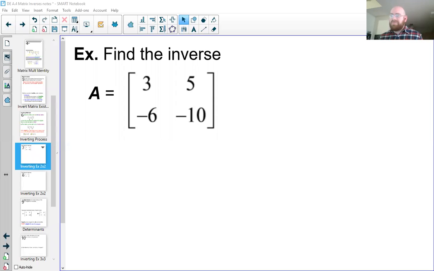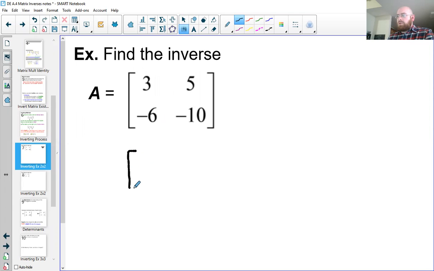All right, problem fixed. Our matrix is back and we are able to compute the inverse. So our first step is to augment the matrix. So on the next line, I'm going to write 3, 5, -6, -10, our line down the middle, then 1, 0, 0, 1.